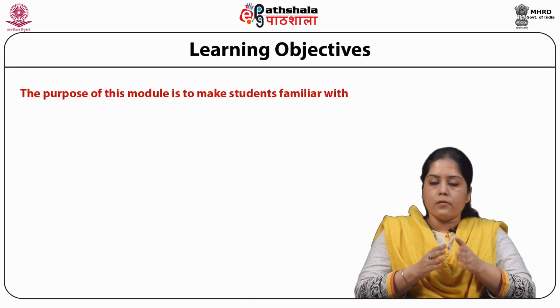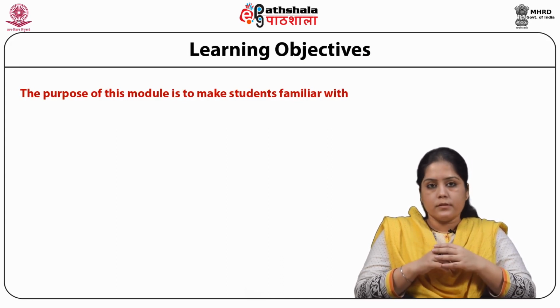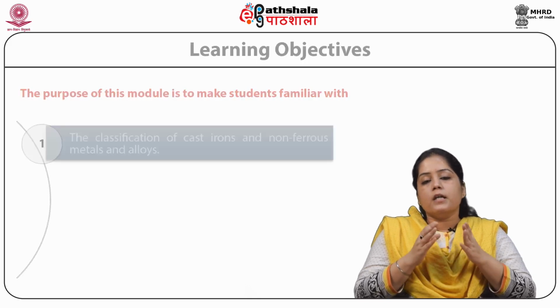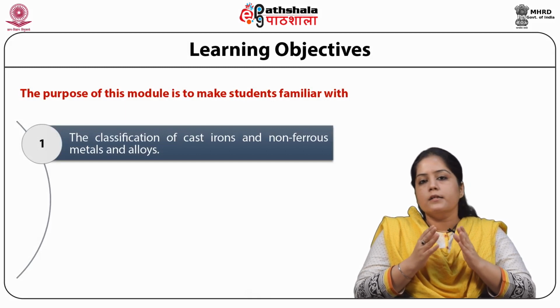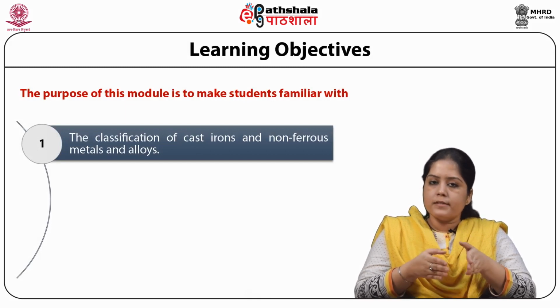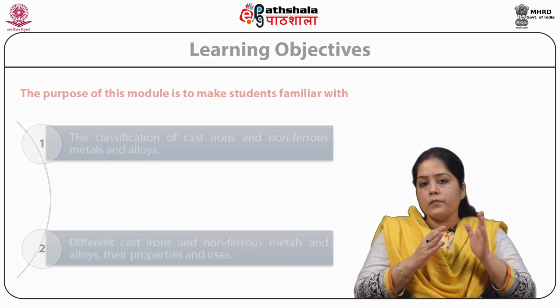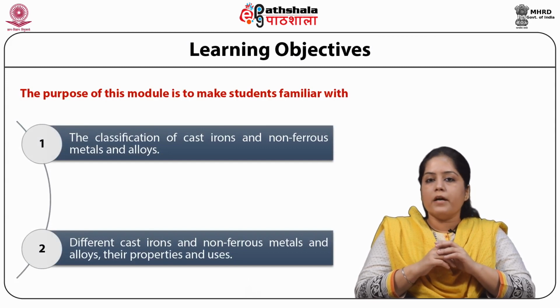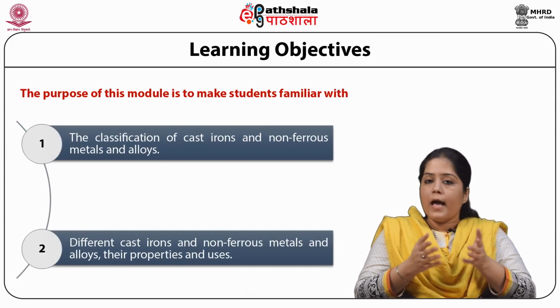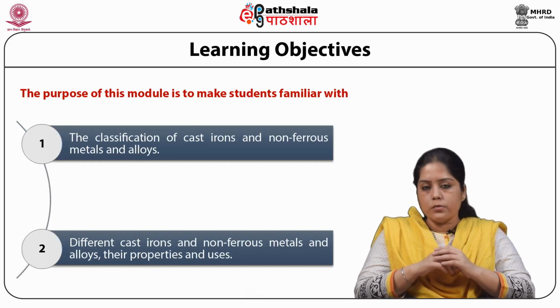The purpose of this module is to make the students familiar with, first, the classification of cast irons and non-ferrous metals and alloys; second, different cast irons and non-ferrous metals and alloys, their properties and their uses.